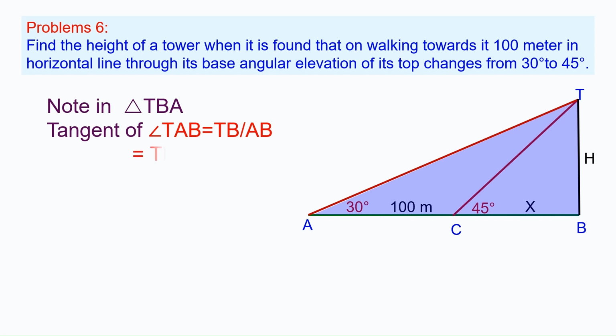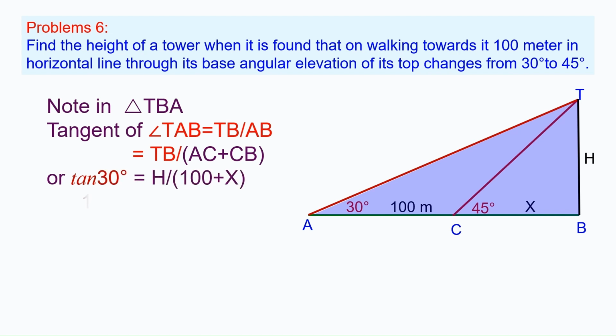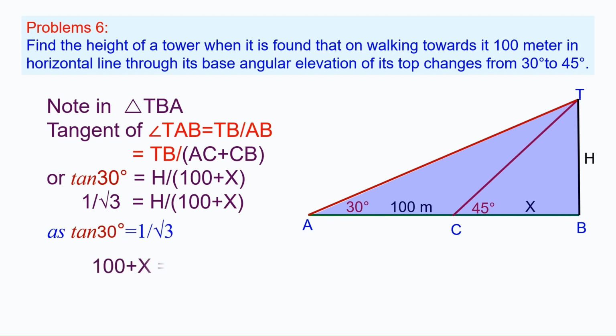In the triangle TBA, tangent of the angle TAB equals TB divided by AC plus CB, or tangent of 30 degrees equals h divided by 100 plus x, as tangent of 30 degrees equals 1 divided by root 3, or 100 plus x equals root 3 times h.